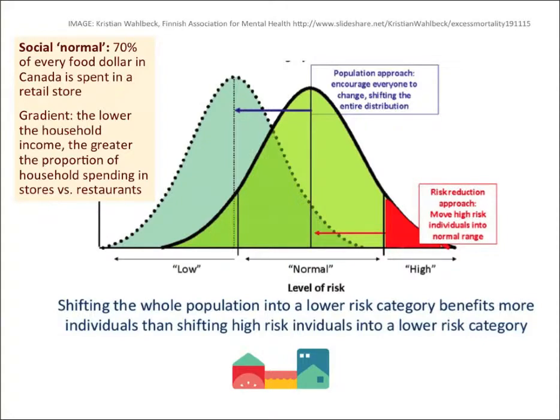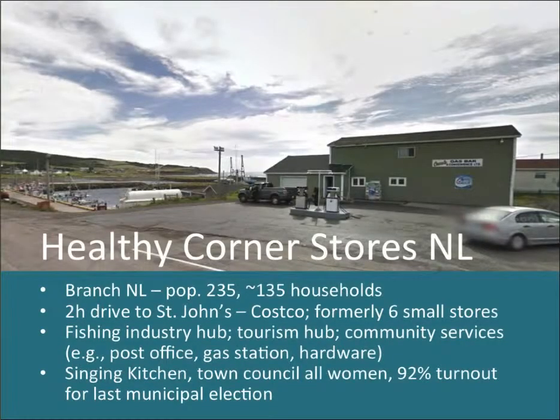So again, another rationale for why we're really interested in looking at retail food environments, and in particular, store or vending or canteen locations, in contrast to eating out establishments, because that is where, the lower the household income, the greater proportion of spending seems to be happening.